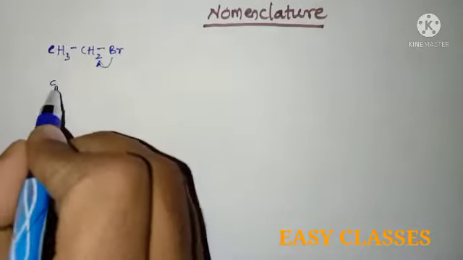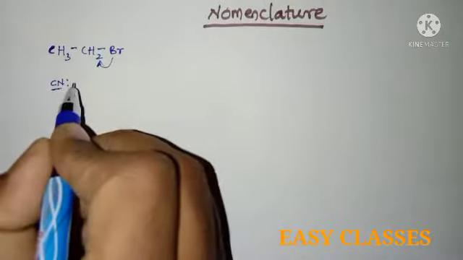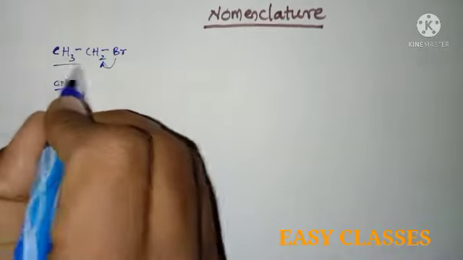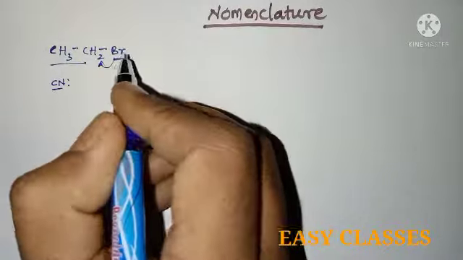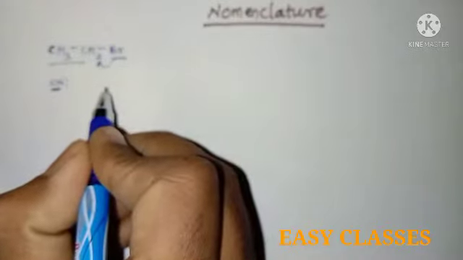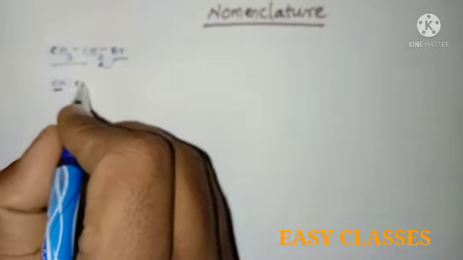In the common naming system, first we have to name the alkyl group and then followed by the halogen atom. So the common name of this compound becomes ethyl, because two carbon atoms are there. The common name is ethyl bromide.